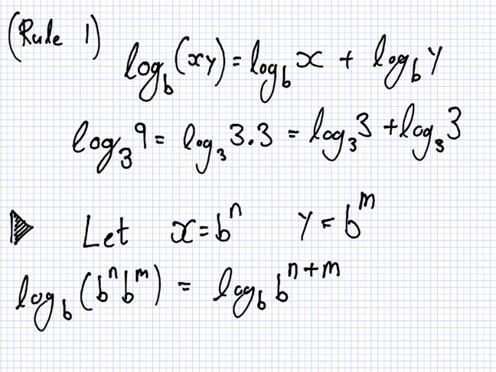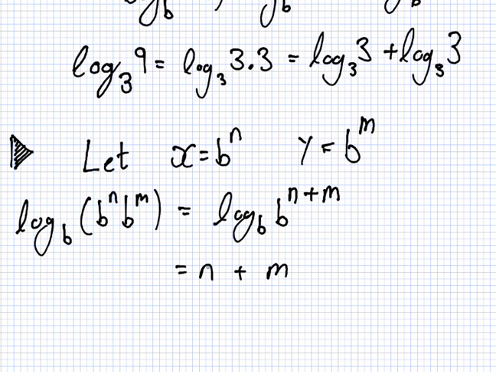What does this equal? Log b of b^(n+m). This is n plus m. Because here I'm asking you b to what power makes b power n plus m? The answer is n plus m.